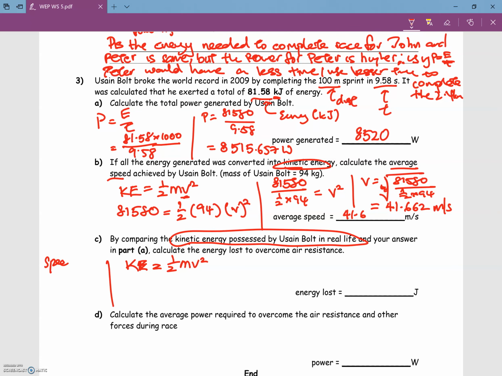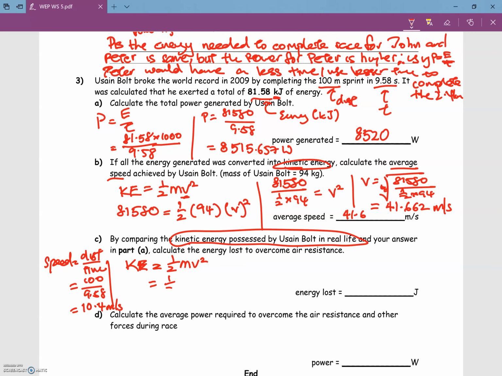Speed, we know, equals distance divided by time. I know he finished 100 meters in 9.58 seconds. So 100 divided by 9.58, what you're going to get is 10.4 meters per second.